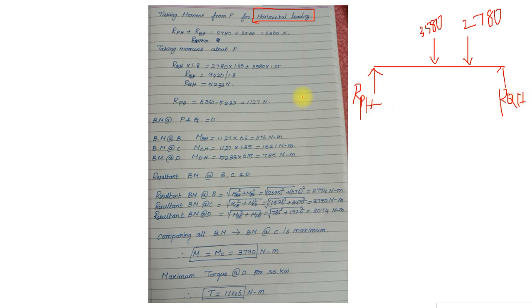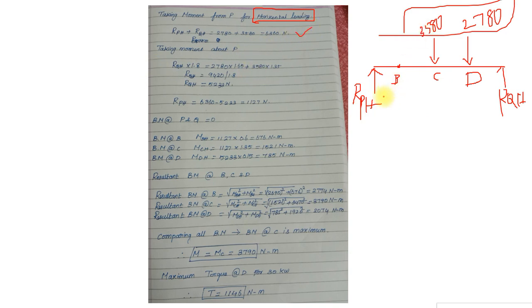With this diagram I need to find the bending moment at B, C and D. Here at B it will be 0, and this is C and this is D. As previously, I added RPH plus RQH by adding 3580 and 2780, and I had 6360 Newton.